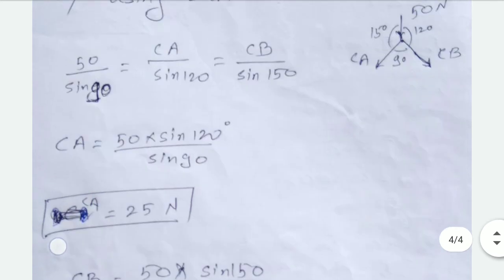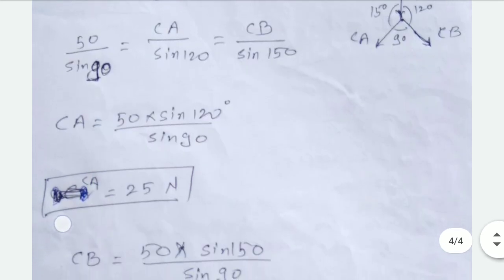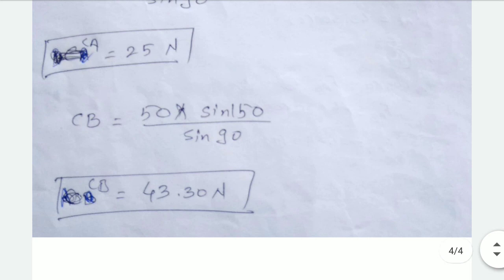Likewise, 50 upon sin 90 is equal to CB upon sin 150, and we get CB equal to 43.3.